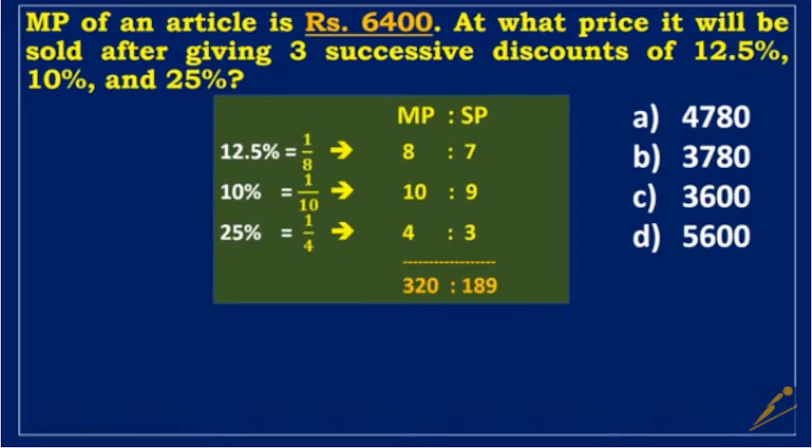When we multiply these ratios together, we obtain 320:189 as the overall ratio. 320 units are equal to 6,400 rupees. So we multiply these 320 units by 20 to get 6,400 rupees. After multiplying 189 units by 20, the selling price is 3,780 rupees.